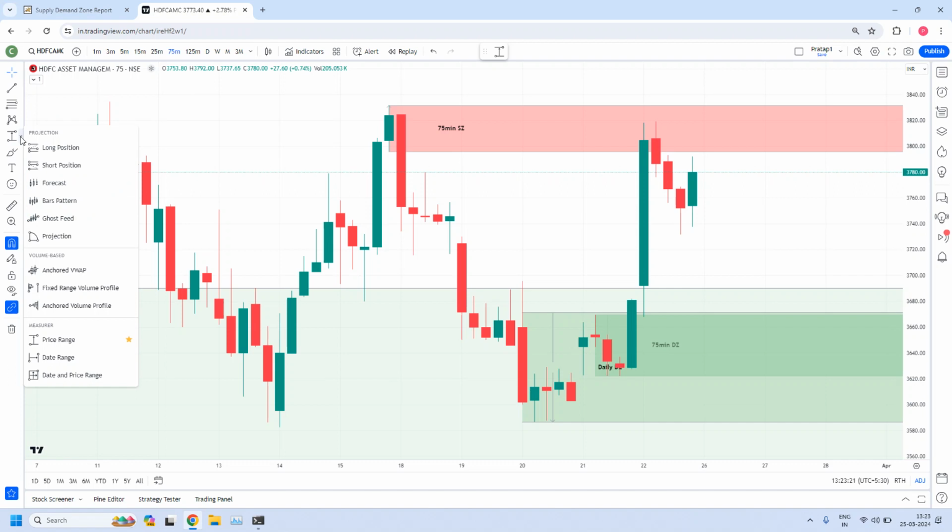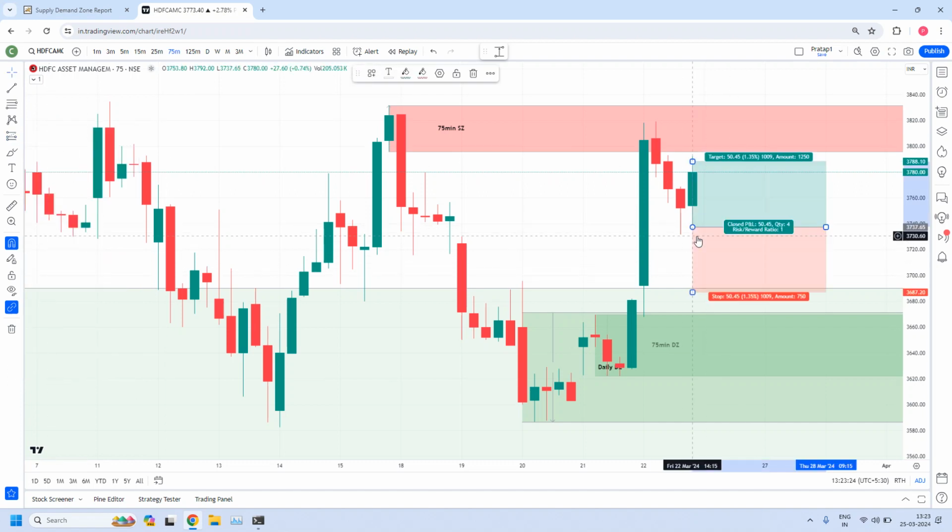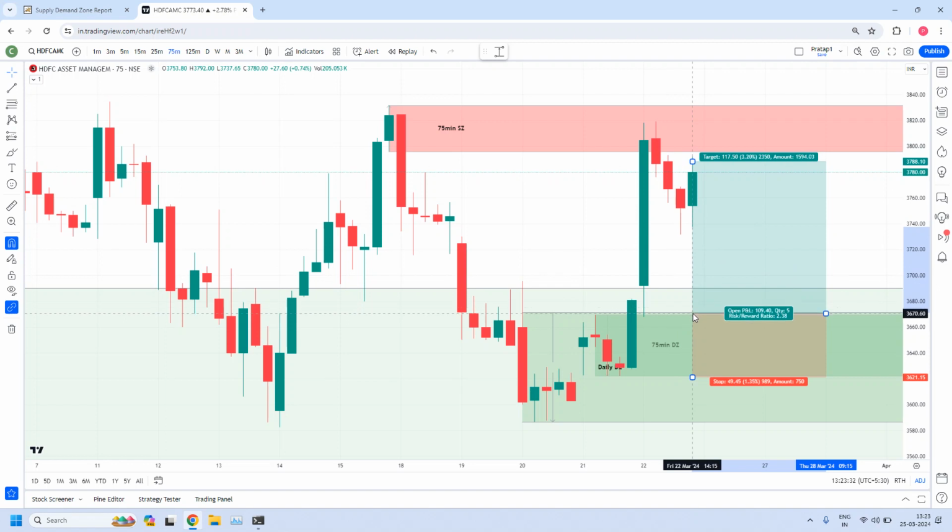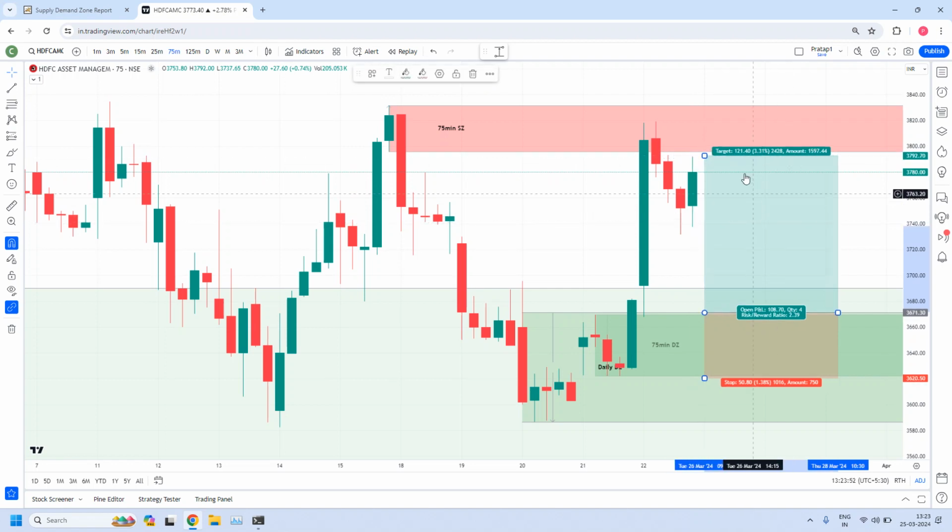Let me look into the long position. Okay, how much RR do we have? We have 1:2.45.